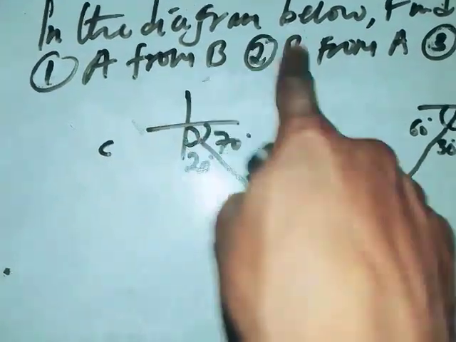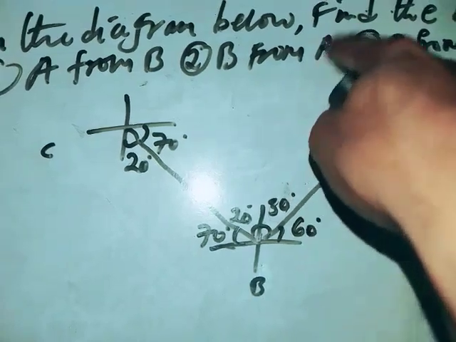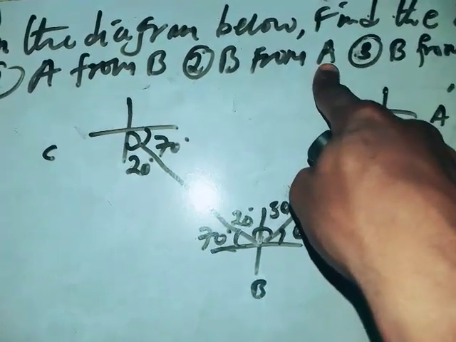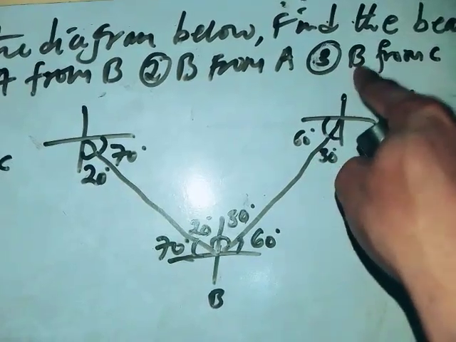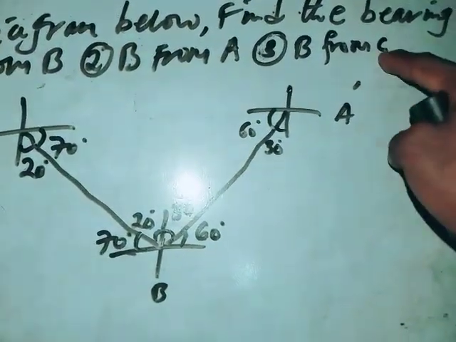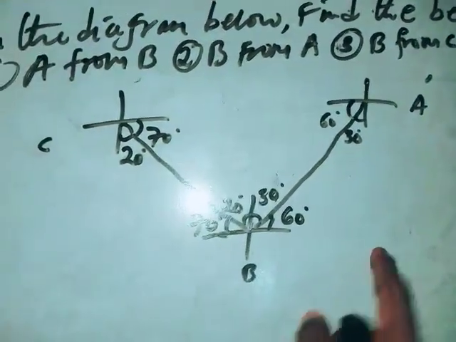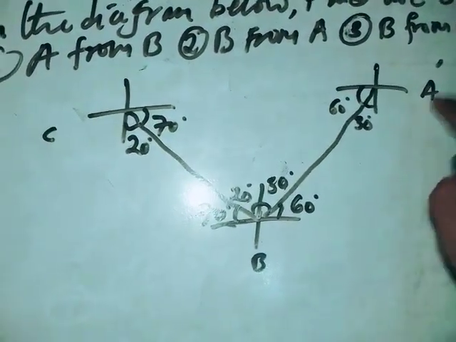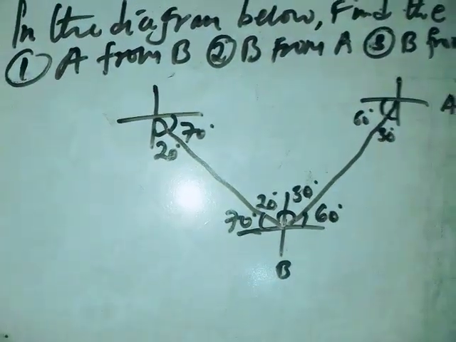To find the bearings of B from A, it is A that we are going to find that bearing from. I hope you are understanding me. You understood what I'm saying. So if I say find the bearings of B from C, it is C that we are going to stand at and find its bearings. So assume this is our point A, this is point B, and this is point C.